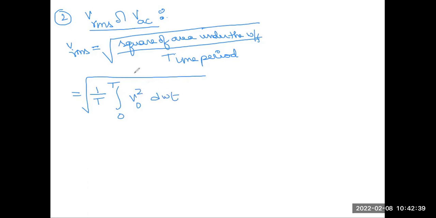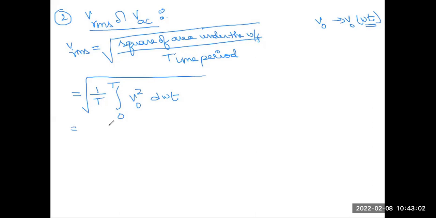Okay, so root, this is mean square. So 1 by T integral 0 to T V naught square d omega t. Some textbooks use, instead of V naught, V naught of omega t. Both are same. Here they are specifying what is the axis. Here I am directly showing it as V naught square.